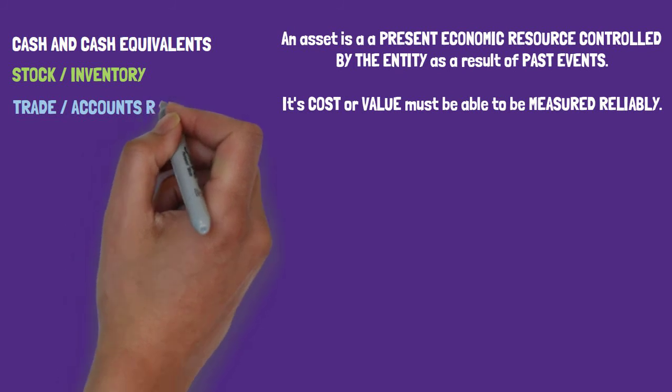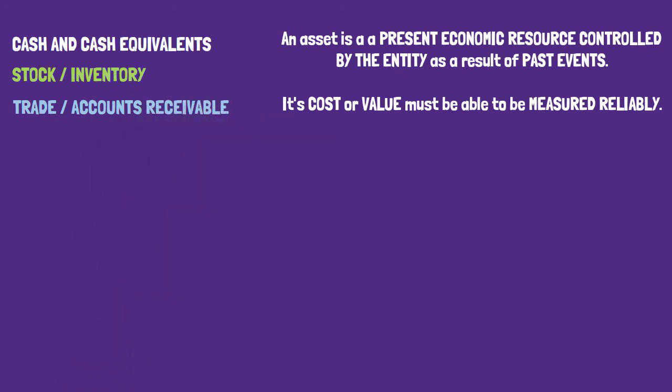Okay, the next one. We're going to discuss trade and accounts receivable. These occur whereby you have provided a service or you have sold a good and you now want your money in return for undertaking that service or distributing that good. So you send out a bill.